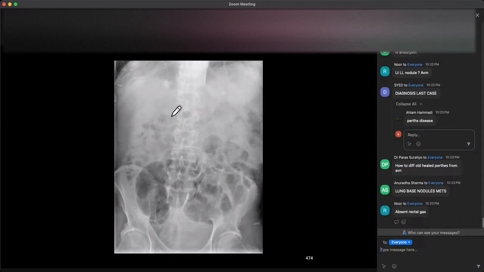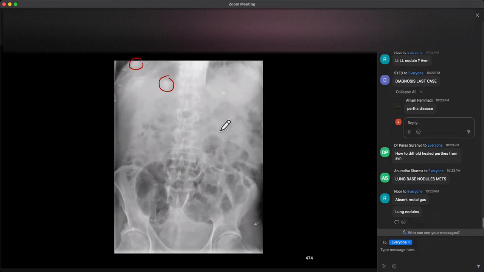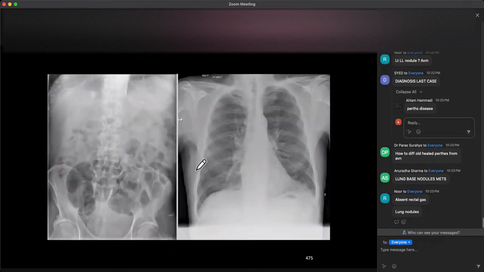So, although this is an abdo film, always look at the lung bases, and we've got a nodule here, a nodule here, and I think that's probably a renal calculus. And when you do the chest X-ray, you can see nodules. And these are pulmonary metastases from a malignancy.